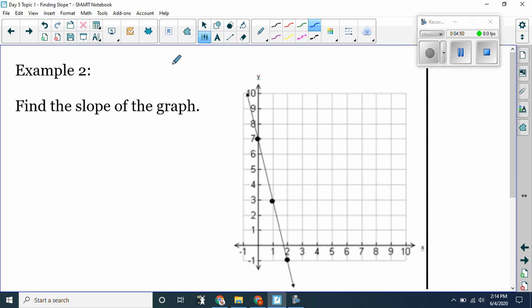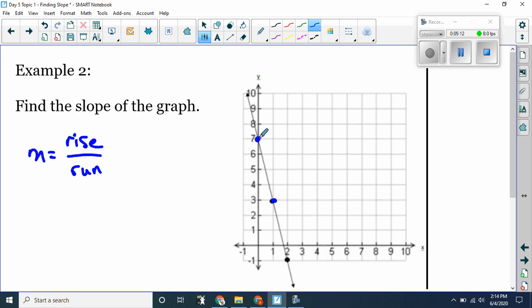I want you quickly to decide what the slope of this line is. You make a decision here. Count what your slope is. So slope is rise over run. I'm going to start at the leftmost point, which is this one, and then I'm going to go to this point right here.